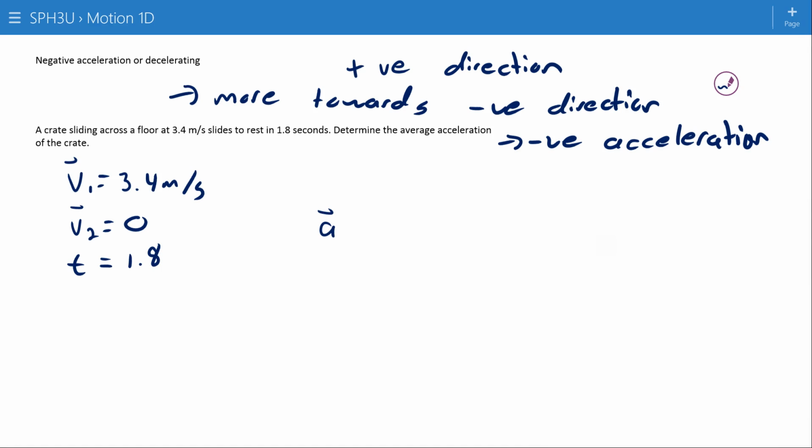I'm going to call whatever direction this is the positive x direction, and then we'll see how that works out in the acceleration.